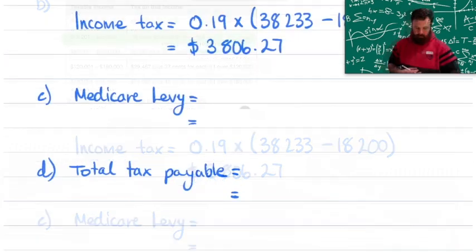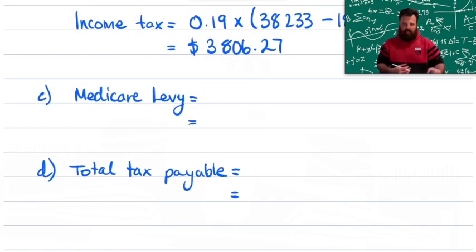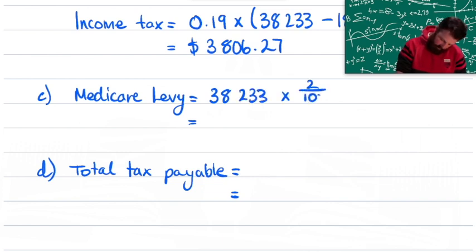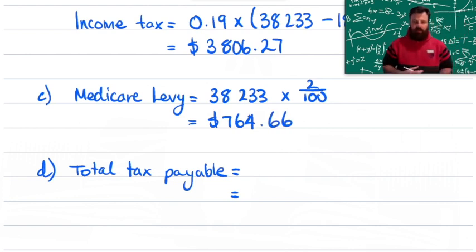$3,806.27. Part C, the Medicare levy. Remember the Medicare levy is 2% of our taxable income, so it's $38,233 times 2%. Evaluating that, we would get $764.66.